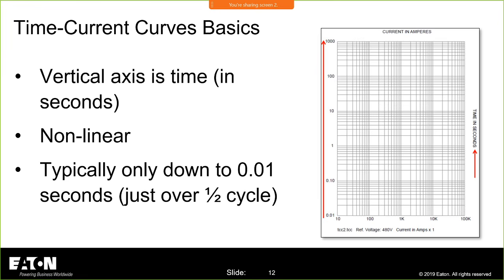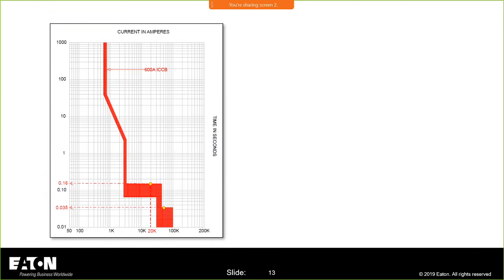But in any case, it starts at 0.01 seconds. All your graph paper starts there. Pretty much all of your software applications are going to be using 0.01 as that bottom unit. And most of your time current characteristic curves that you get from manufacturers will start in that area. We're going to talk more about that as we move forward as well.